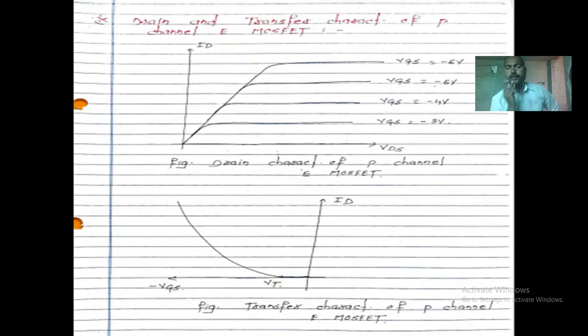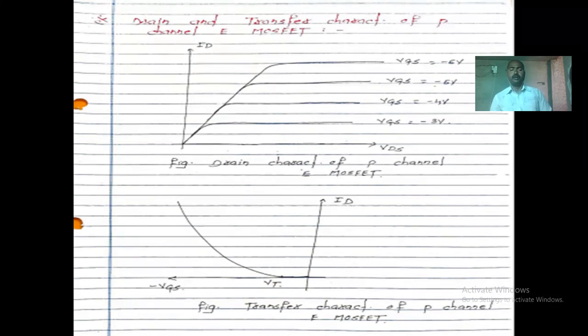See, we have already seen the N channel E MOSFET, right? Now see the P channel: whatever is applied across the device should be opposite. Only that changes, whatever the voltage or current applied across the device is opposite in a P channel E MOSFET. Here also we enhance the channel.